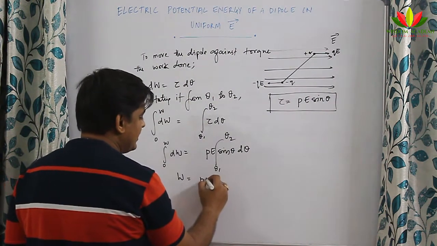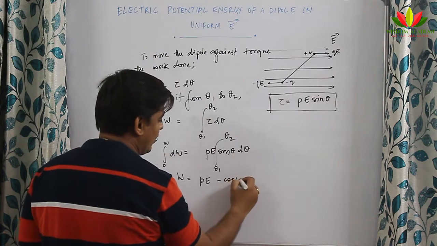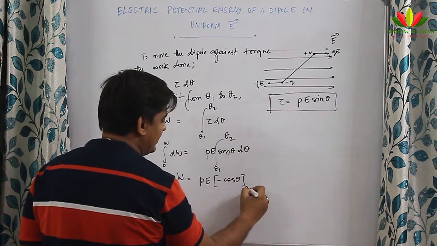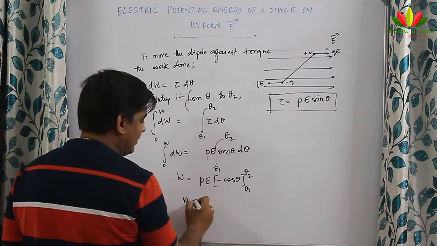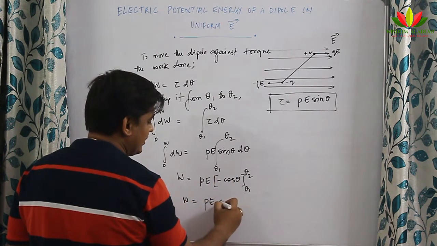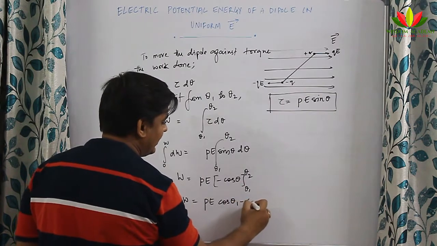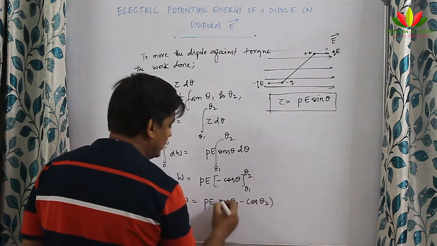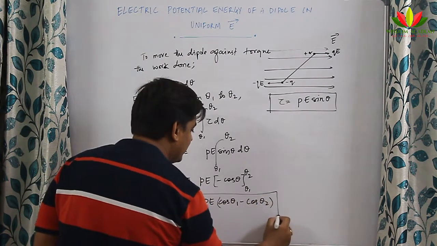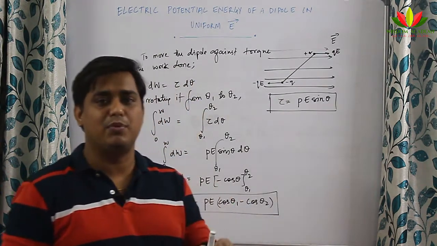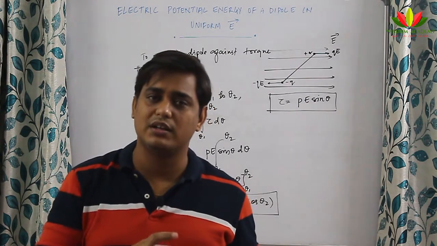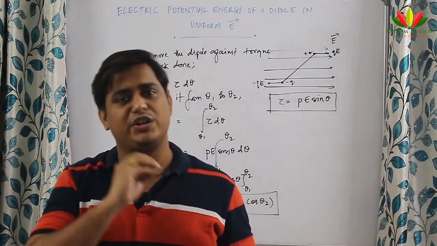So PE minus cos theta, with limits from theta 1 to theta 2. Upper limit minus lower limit, the minus sign is there. So it will become PE into cos theta 1 minus cos theta 2. So this is the work done to move any dipole against the torque from theta 1 to theta 2.